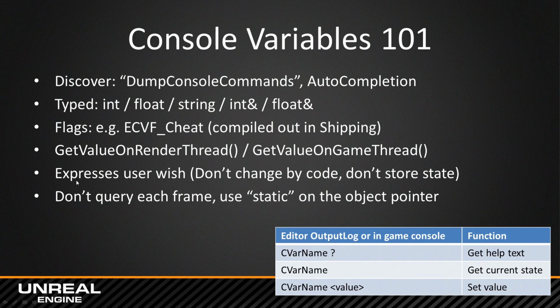It's important to know that a console variable is not a game state or something, and should not be abused for that, and it should not be changed by the code because that is kind of the state of the internal system. It is what the user wants. It's very confusing if the user sets the resolution of something to, let's say, 1024, and then the next time he checks it, it's 512.